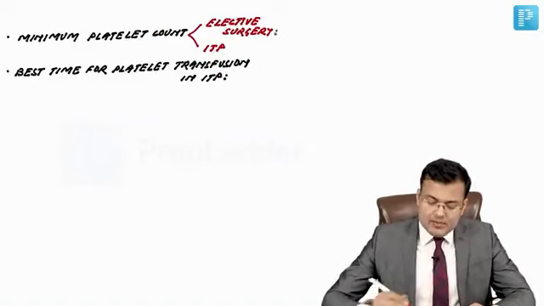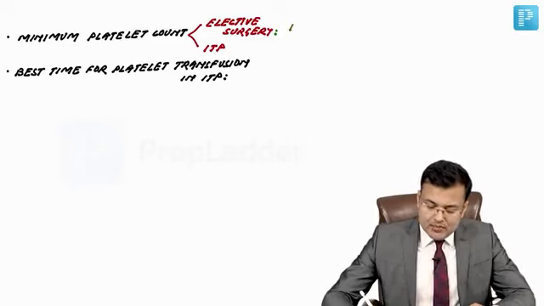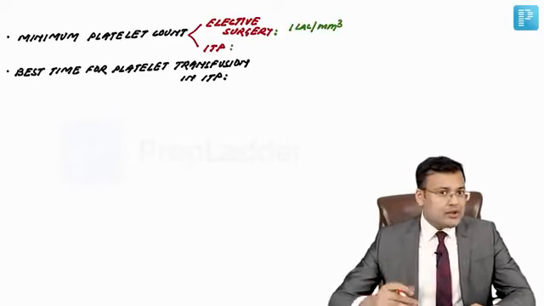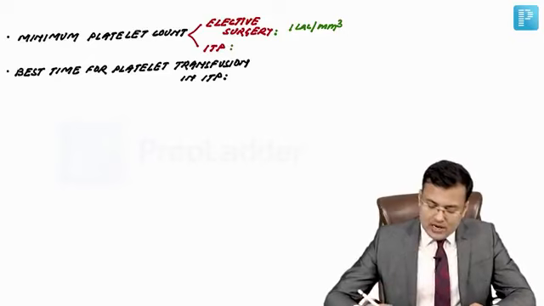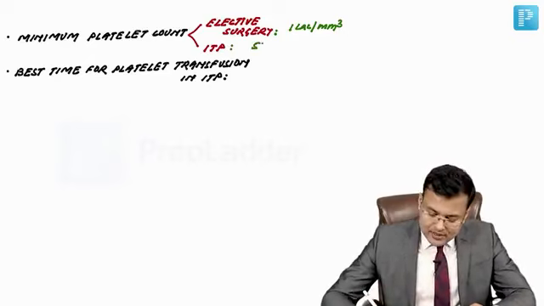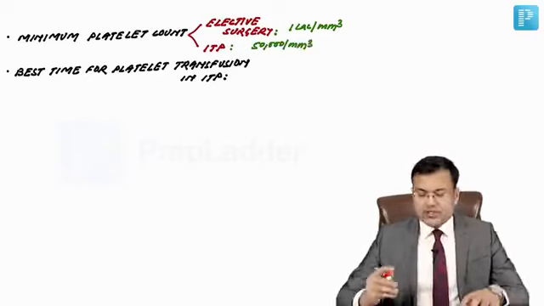If we are taking any patient for elective surgery, the minimum platelet count should be 1 lakh per mm cube. And if we are taking a patient of ITP for elective surgery, the minimum platelet count should be 50,000 per mm cube. This is a frequently asked question.